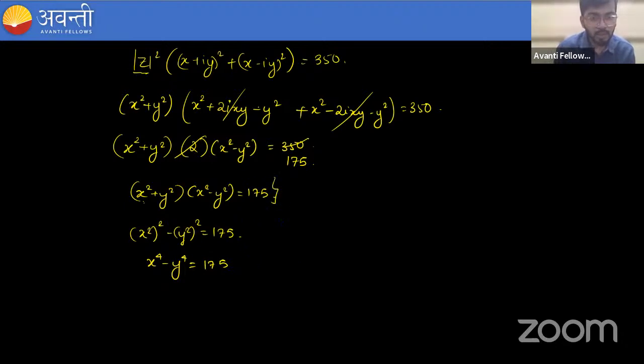So here, can I write 175 as 25 into 7, right?